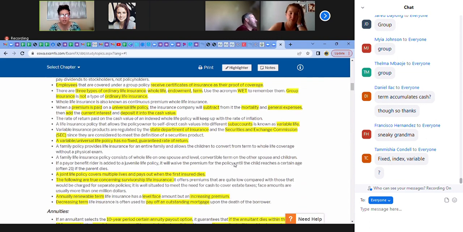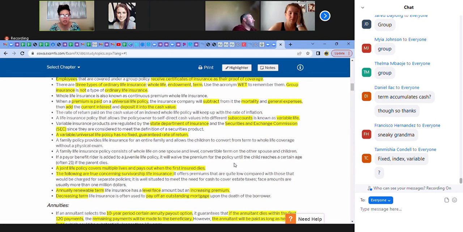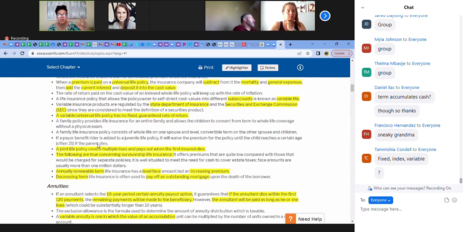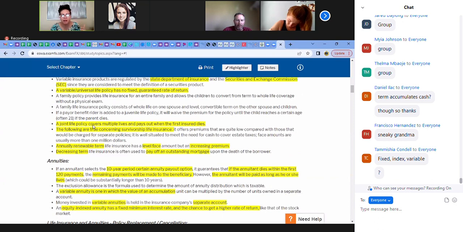All right, so let's go into universal life. Now we're continuing. There are 2 products that you'll be tested on. One is joint life, and it covers multiple lives in one policy. But here's the key: it pays when the first insured dies.